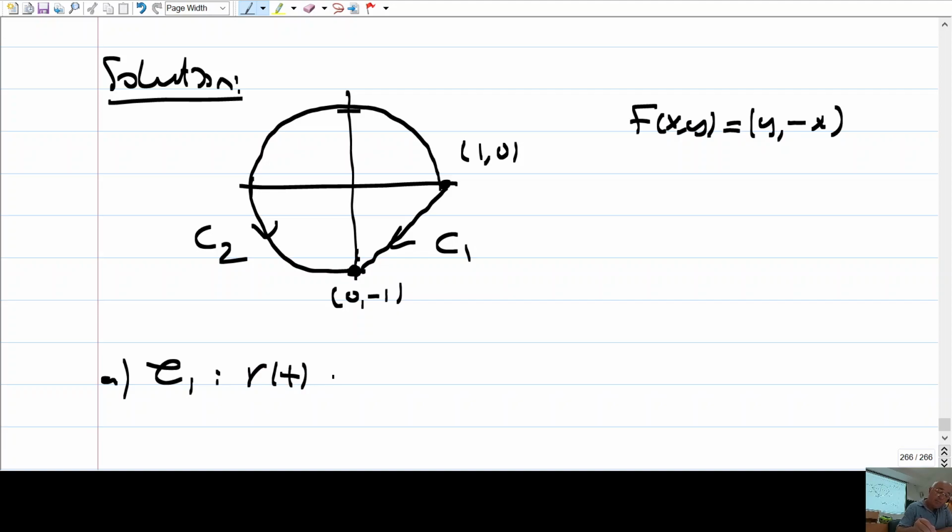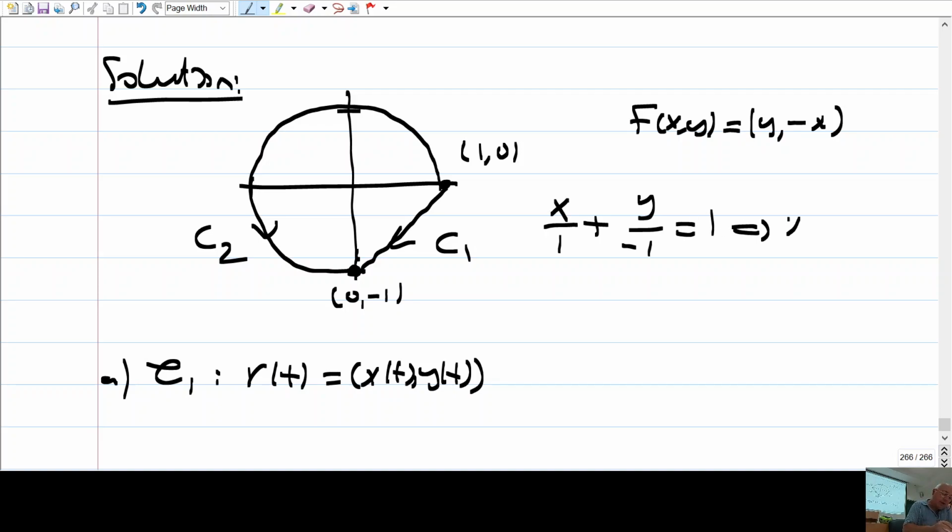So I need a parameterization for this curve, x(t), y(t). You see, the line segment joining these two points has the equation. What is the equation? This is the line with intercepts x equals 1 and y equals minus 1. So this is just x minus y equals 1, right?